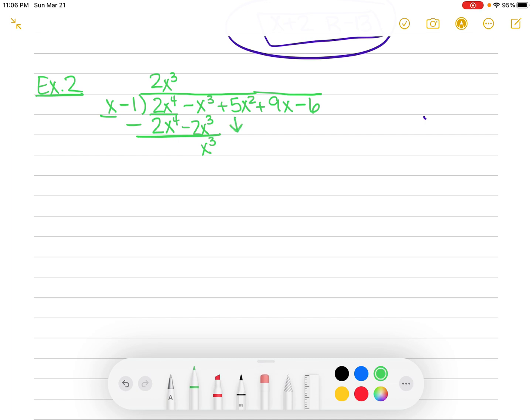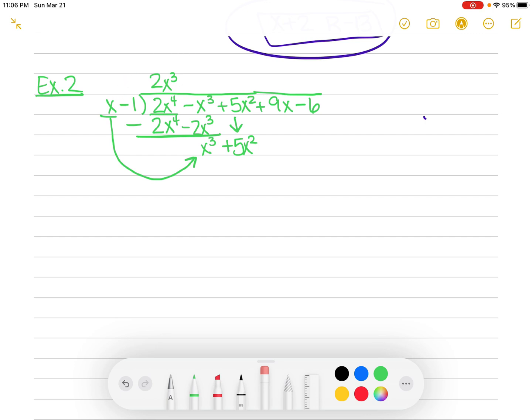Okay, now I'm going to bring down my next term. So I have plus 5x squared. Now I can do my division. So I say, how many times does x go into x cubed? Or what number do I need here that when I multiply, I get that x cubed? So what number do I need there?